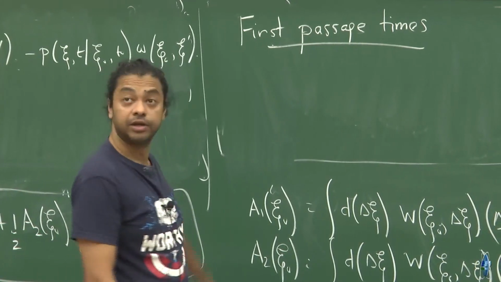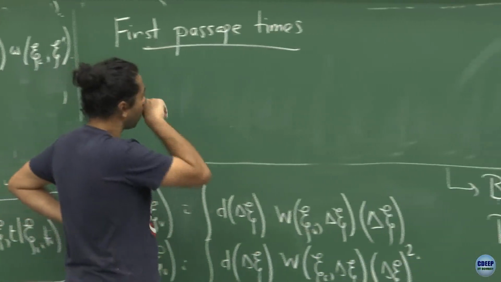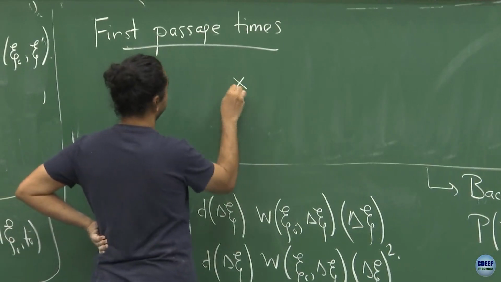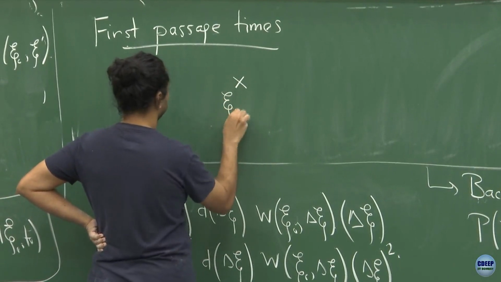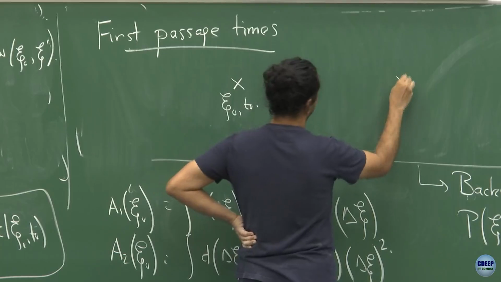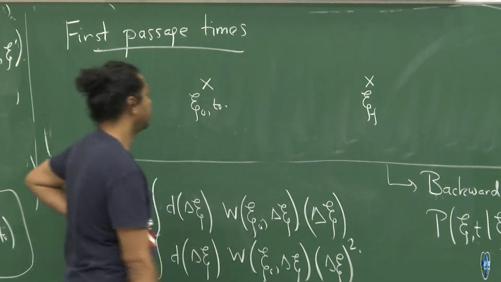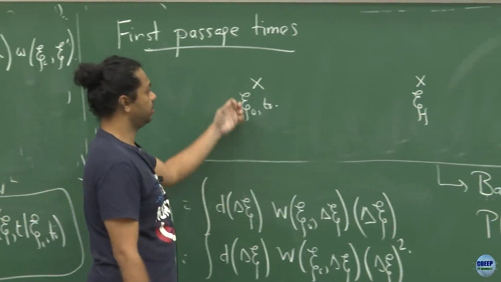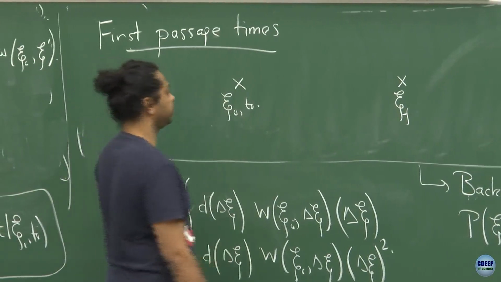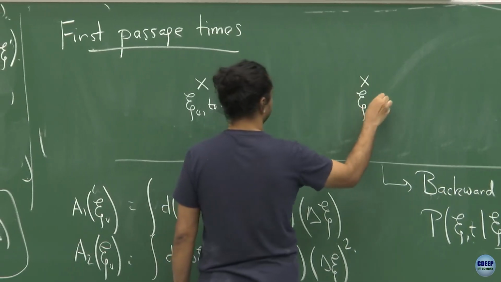So, often when we are talking about stochastic processes, I start from some state psi naught at some time t naught, and I want to look at some final state psi final. I want to ask when this stochastic process essentially reaches this state for the first time.